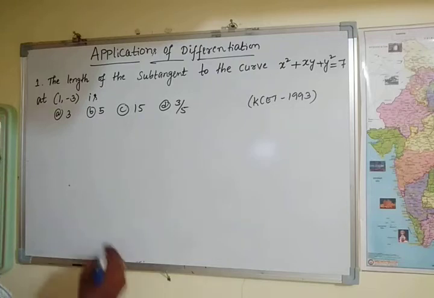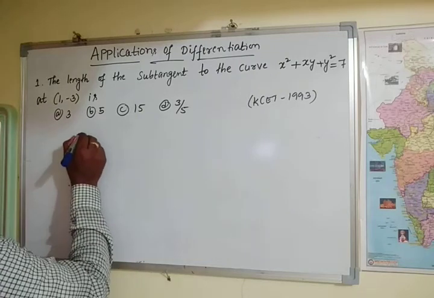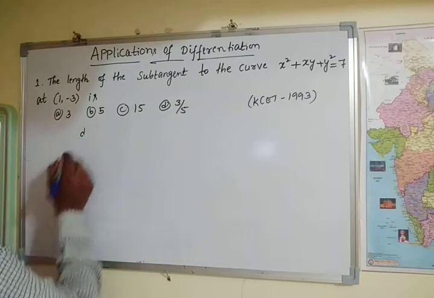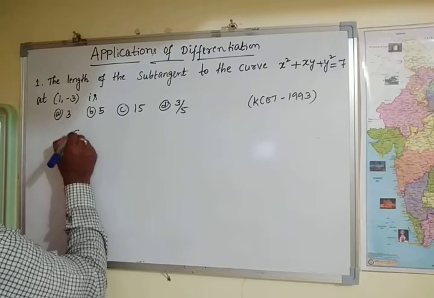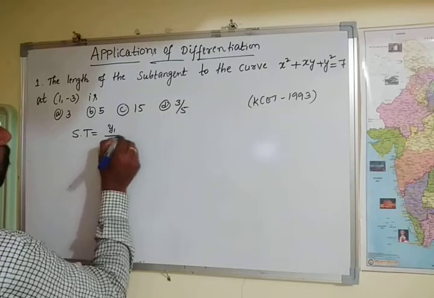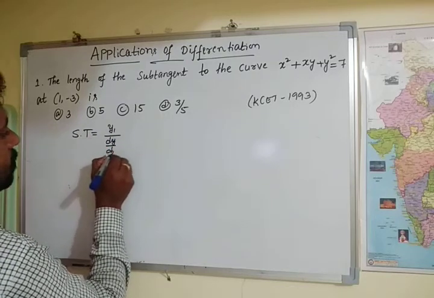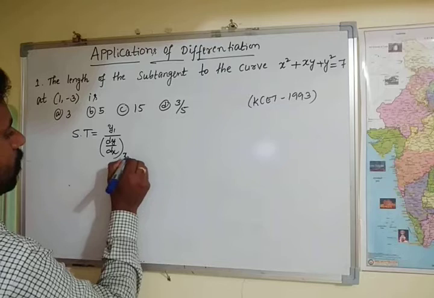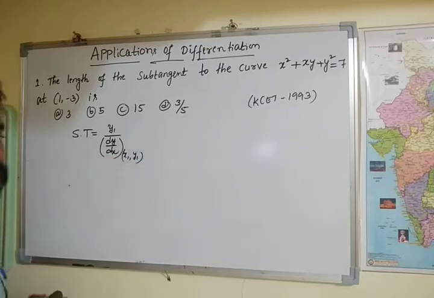See, the length of the subtangent formula. Here we consider the length of the subtangent is y1 divided by dy by dx at the point (x1, y1).